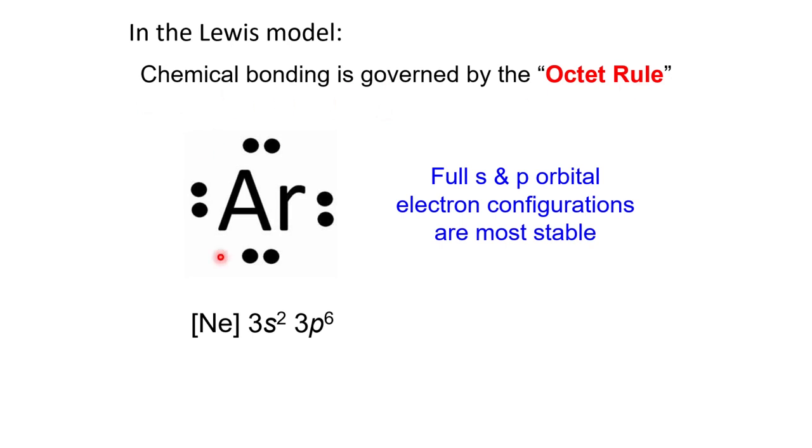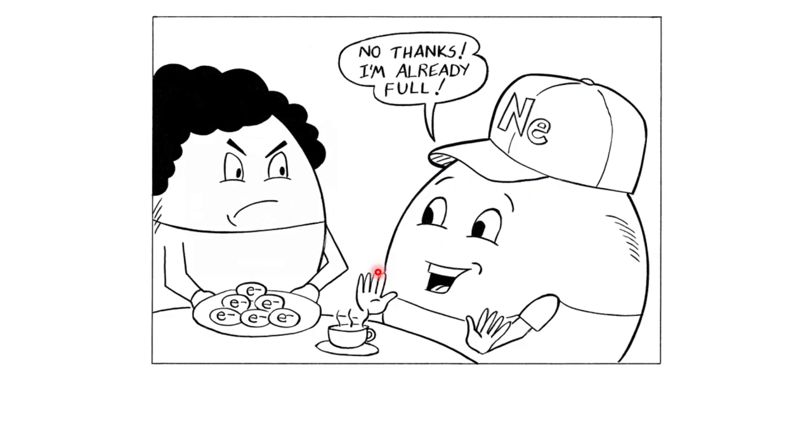If there are 8 electrons in the valence shell, then the potential energy of the compound is minimized, and there's really no more room to accept more electrons. In other words, the noble gas configuration is full, it cannot accept any more electrons, and so it is the most stable. You might have heard or seen the phrase, this atom wants to be a noble gas. That is not true.